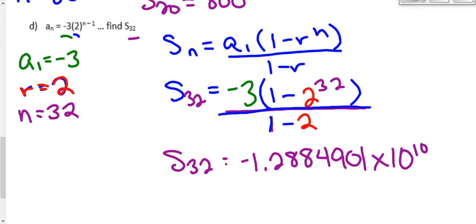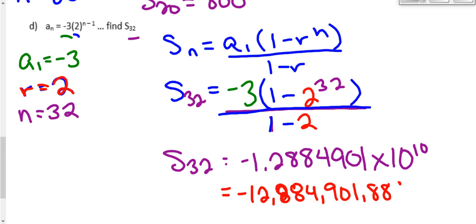I used a fancier calculator to find the answer to this, and it gave me -12,884,901,888, which, if you notice, if you move this over 1, 2, 3, 4, 5, 6, 7, 8, 9, 10, you can see it matches up all of the digits except for these last 3 8s, because the scientific calculators in class just ran out of room to solve this problem.